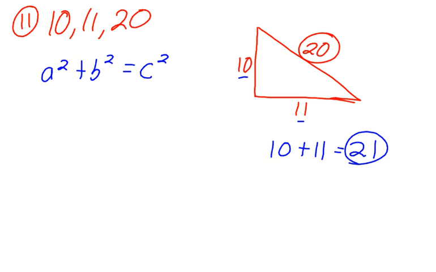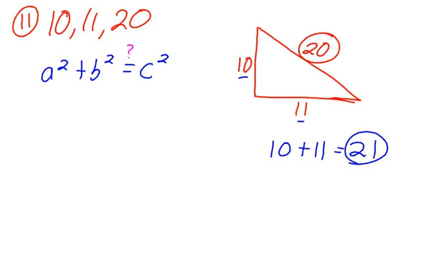If it is a right triangle, c is your hypotenuse. On top of my equal sign I'm going to put a question mark, because just given these three numbers, I am not sure yet if it's a right triangle. That is what I'm going to test: is a squared plus b squared equal to c squared?